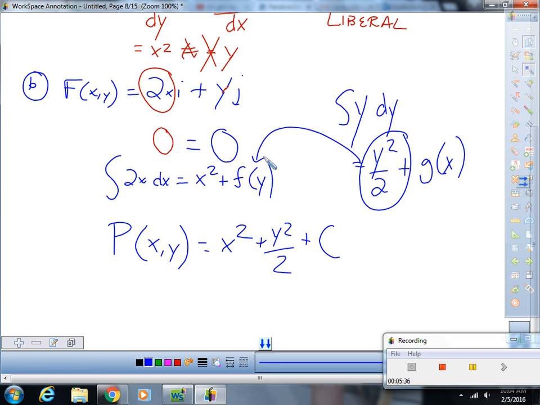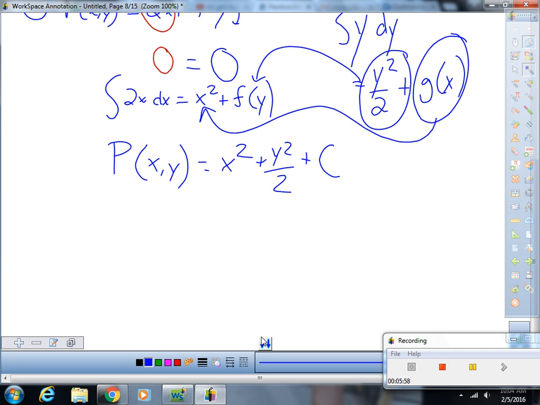And then we found out that the integral of y with respect to y was this, but it could also have some function that was a function strictly of x. So what do we call that? That. However, we could still have a constant involved. Does that make sense? Now, find the gradient of that. What's the gradient of p of x comma y?